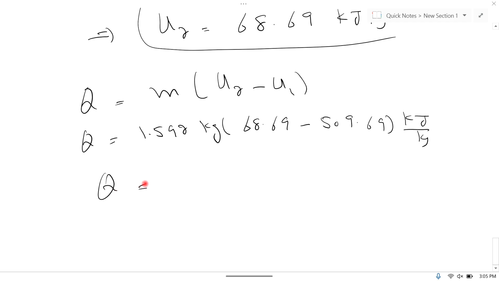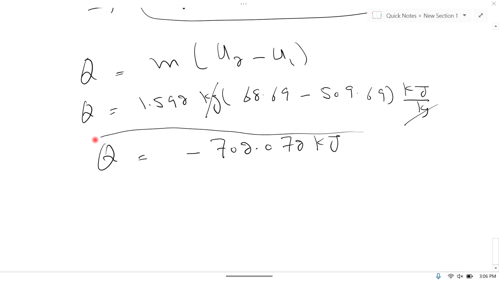So Q is equal to, simplify this and find the value of Q. So Q is equal to 68.69 minus 509.69 multiplied by 1.592, which is minus 702.072 kilojoule, because this kilogram is cancelled with this kilogram.